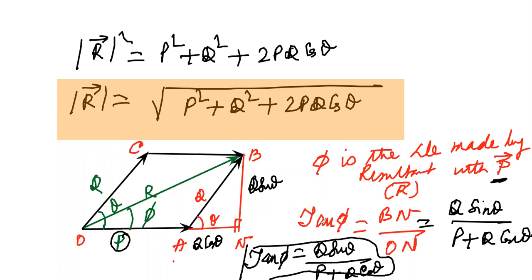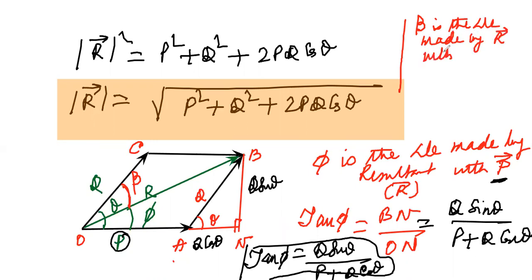Now children, I would like to tell you something more. Suppose I consider the angle made by the resultant with Q as beta. Here beta is the angle made by the R vector with the Q vector.